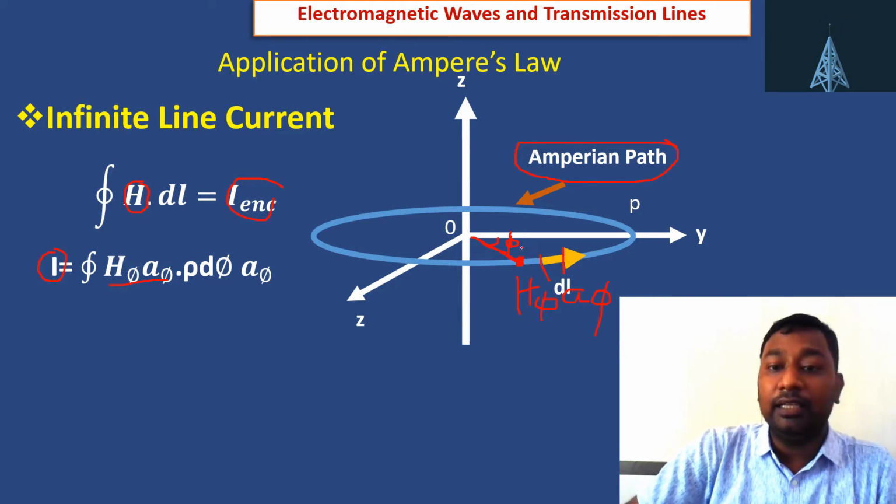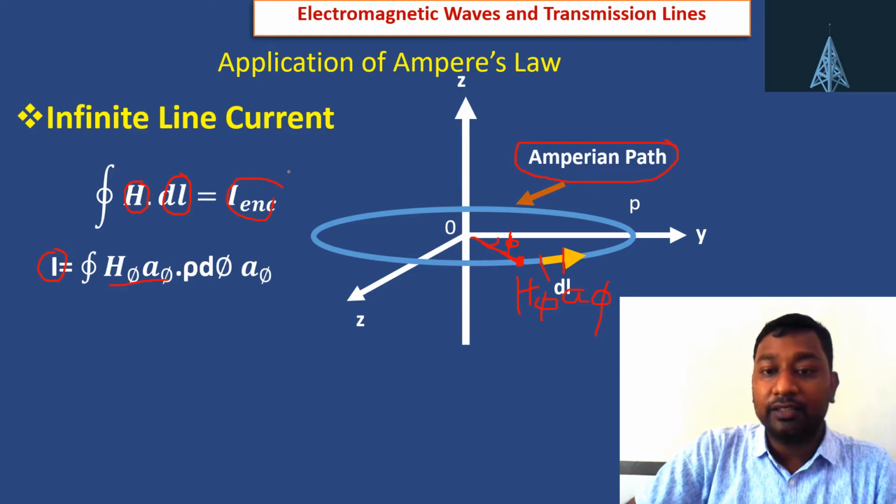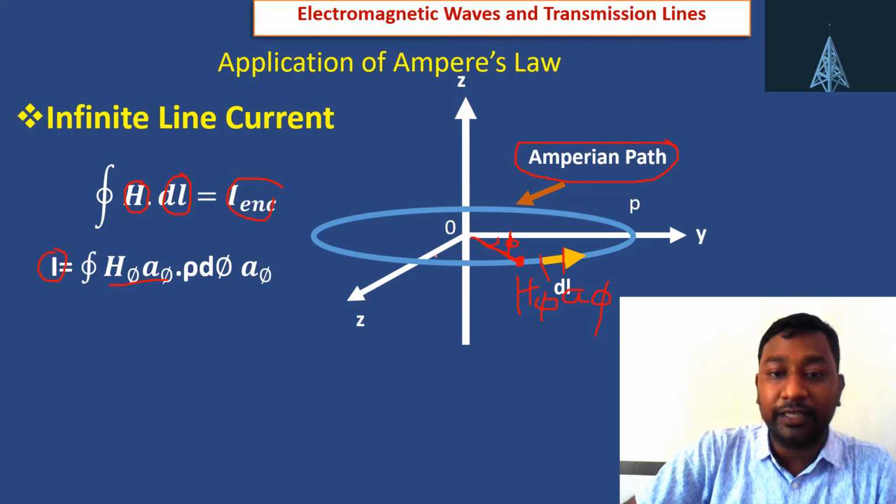Similarly, if we consider the dl element at any point, the distance from the center to that point is called rho, and d phi is the small angle, so dl is rho d phi into a phi.